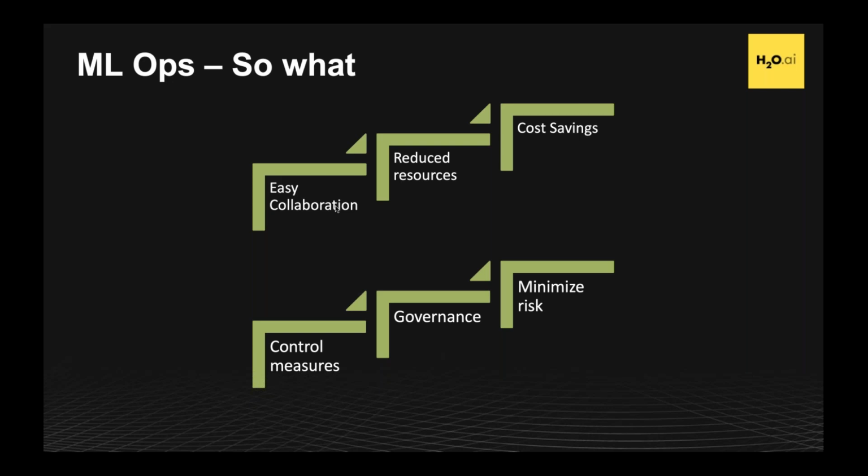That is one. And on the other side, with these governance related control measures and artifacts that we have, it tries to minimize risk and avoid legal or regulatory complications that can happen, right?